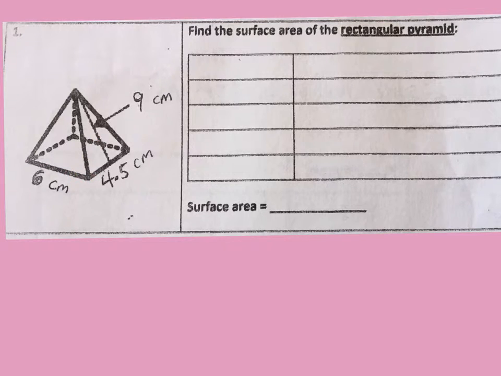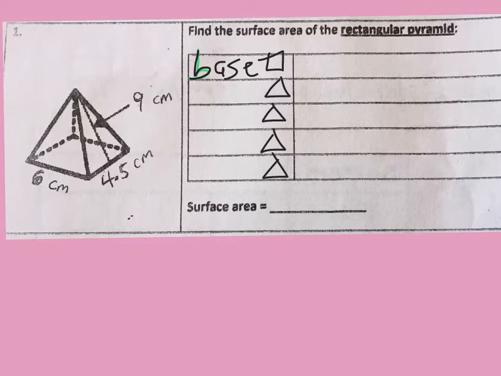So let's start with the base. Of course, then we'll have 4 triangle sides.